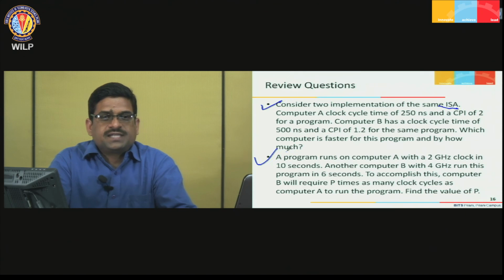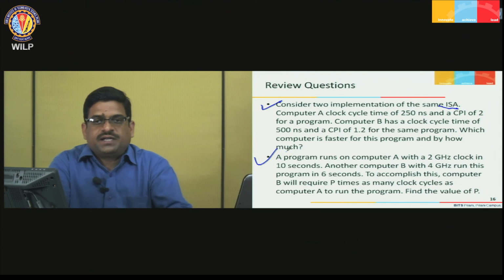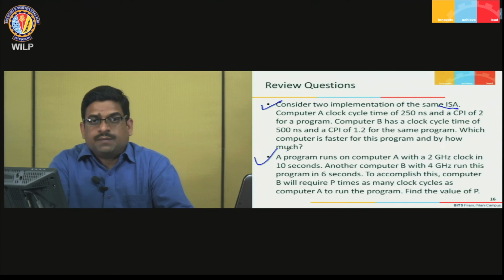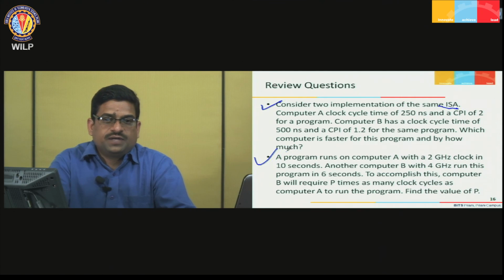So, the number of clock cycles is more in computer B. You have to find out the value of P, the factor by which B requires more cycles compared to A. Here I am solving the first question, and the second question is for your exercise. You just go through the lecture and you will find the solution of the second problem. First problem I am solving here.